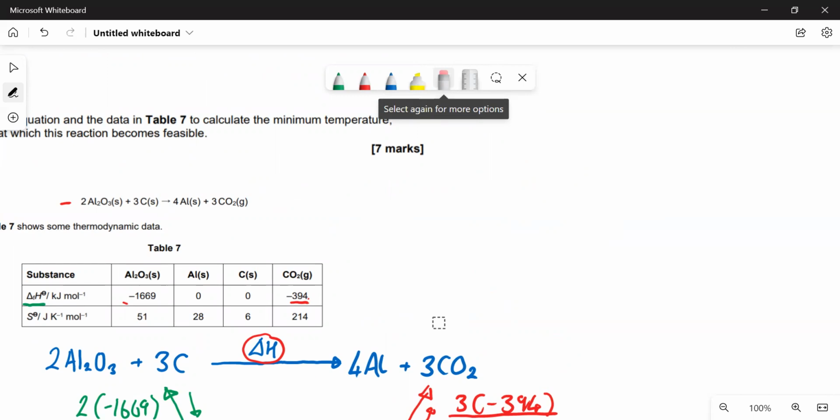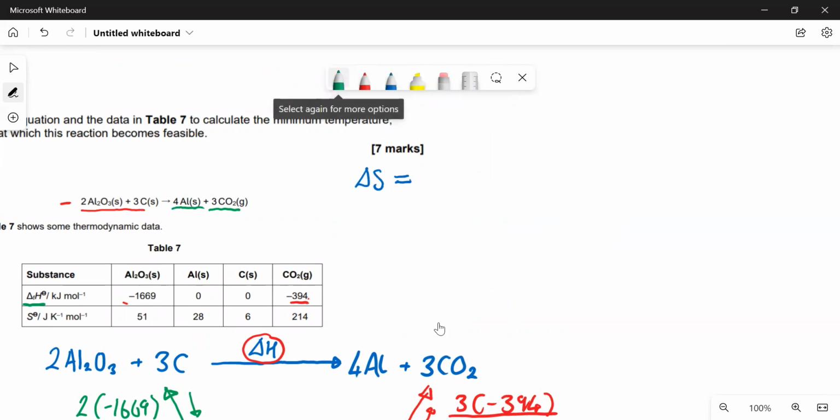To work out delta S, we need to know the entropy of the products, which are in green, and we subtract the entropy of the reactants, which is in red. So delta S is equal to, well, the products: we've got 4 aluminiums, 4 times 28, and we've got 3 carbon dioxides, which is 214.